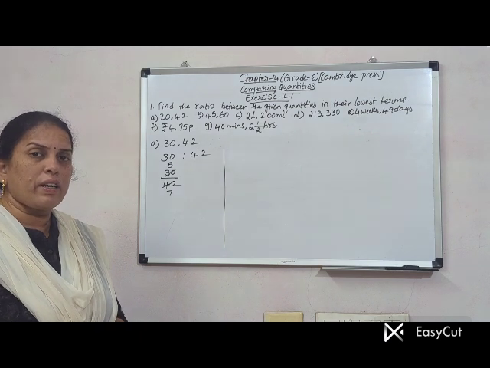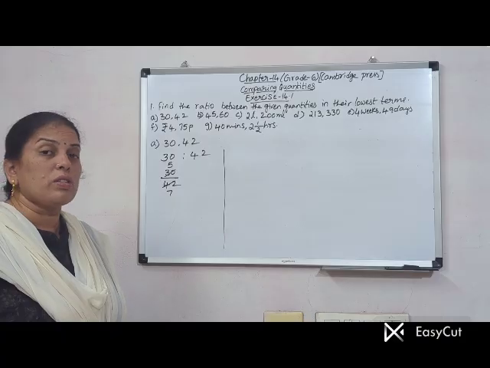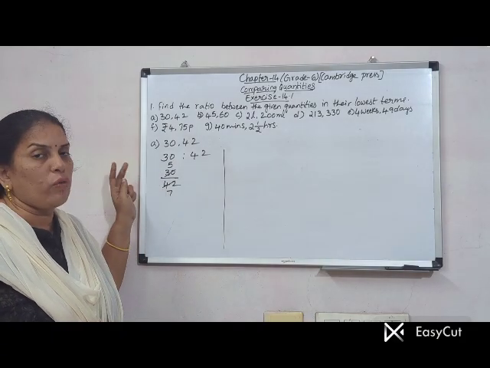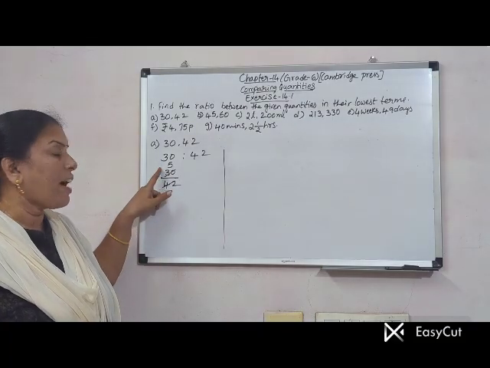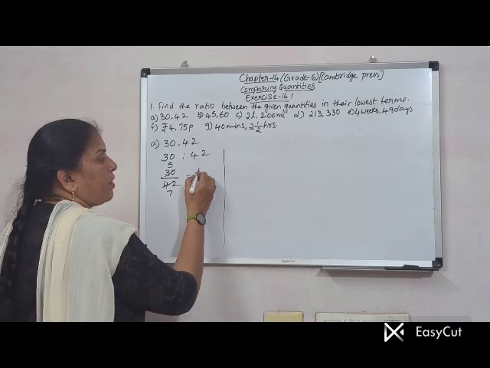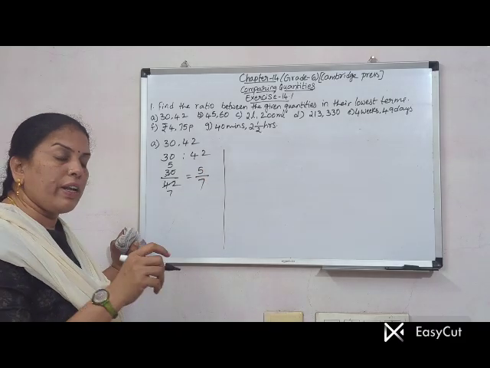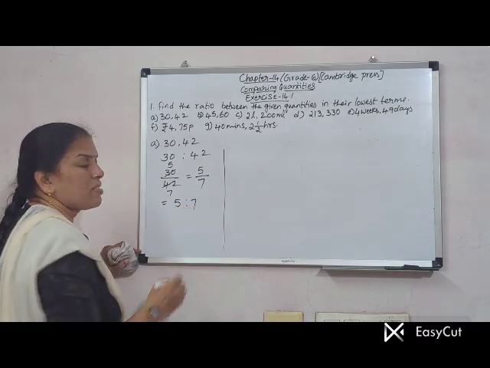Lowest terms means they should not have any common factor other than 1. 5 and 7 won't divide, not having any common factor. So write it as it is, 5 by 7. They asked you to convert into ratio, no? That's why I am writing this 5 by 7 as 5:7.